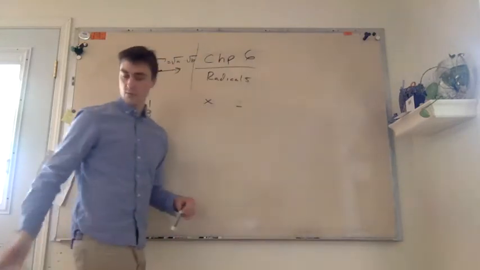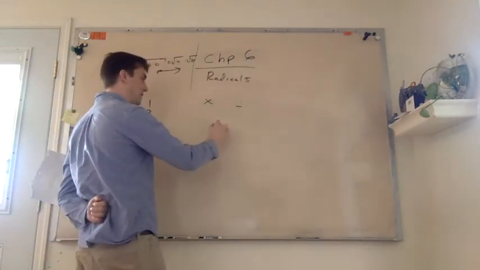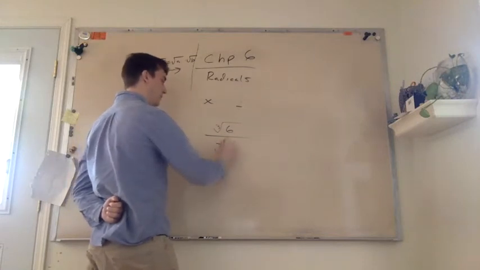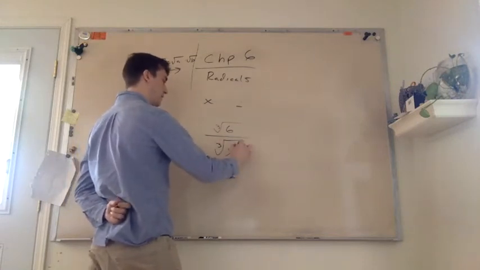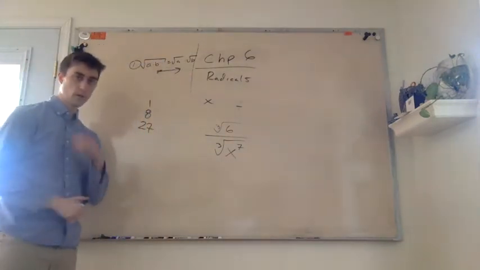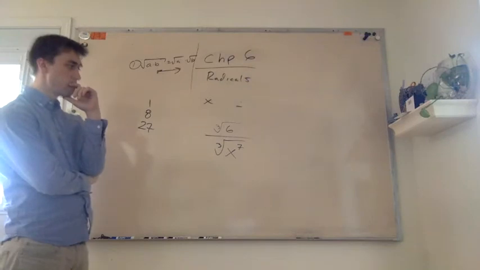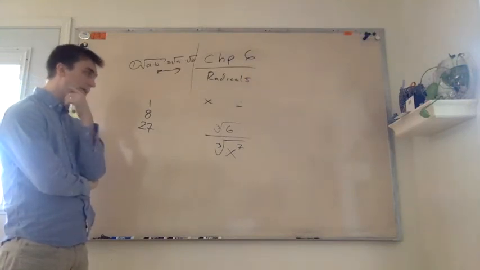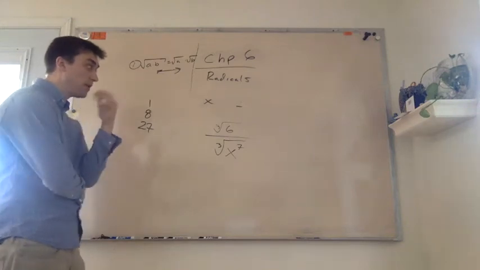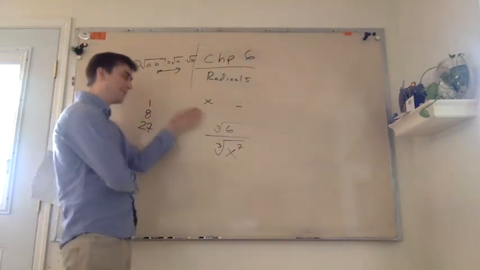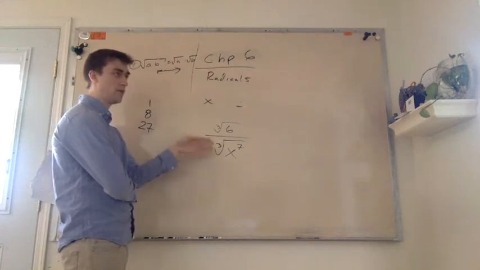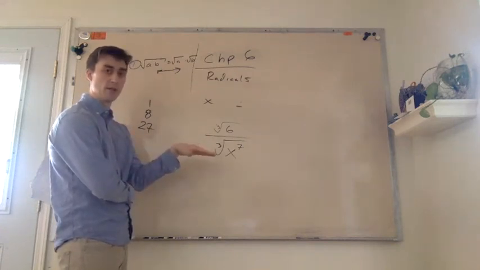Actually, I do want to show you one more kind of along the same lines. Let's say the cube root of 6 divided by the cube root of x to the 7th. One thing to notice here, first of all, it's two radicals being divided. There is a radical in the denominator of this fraction, so you have to rationalize this denominator.